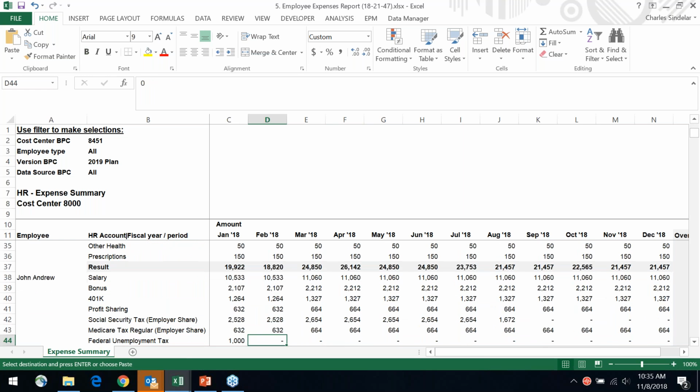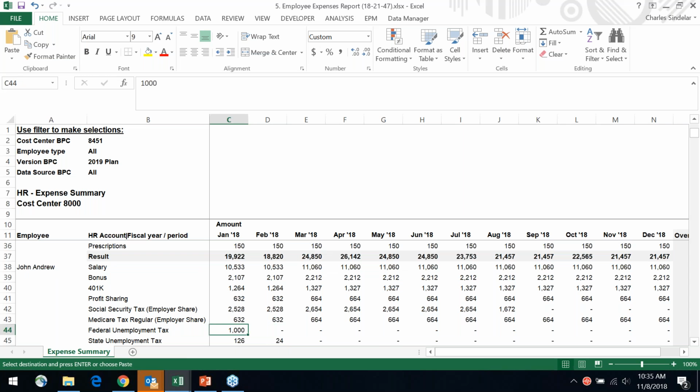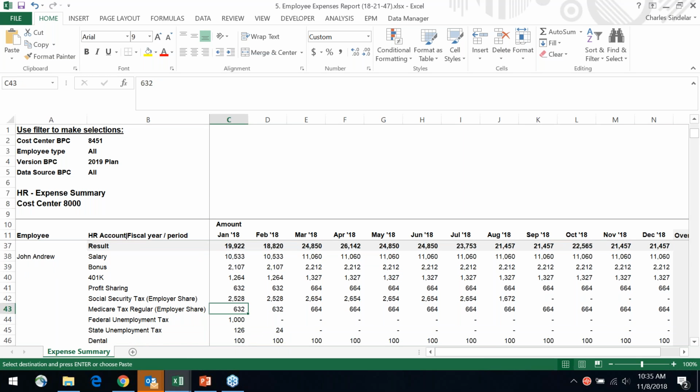Here we've got John Andrew, so you can kind of see there, it's thinking. The system calculates at a very granular level, each individual amount, so that when you roll it all up into your budget or forecast, it's as accurate as it can be.